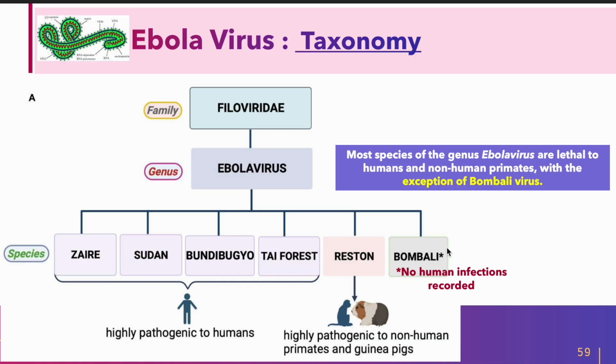Okay, so Ebola virus has a lot of species, but mainly these 6 species are important. The main species that cause disease in humans are these 4: Zaire, Sudan, Bundibugyo, and Tai Forest. These are highly pathogenic to humans. For Reston, it is also lethal, but it's highly pathogenic to non-human primates, such as monkeys and guinea pigs.